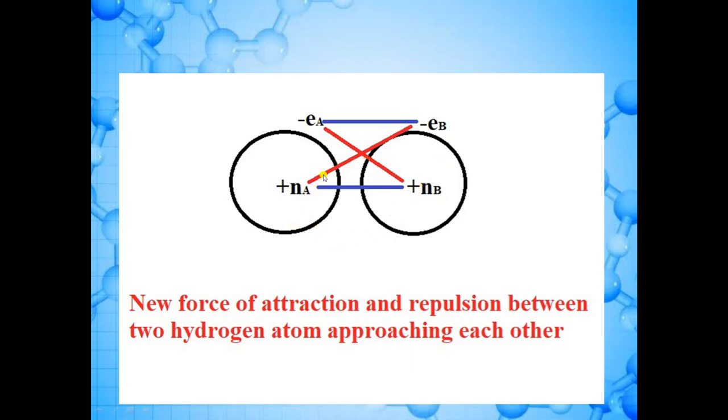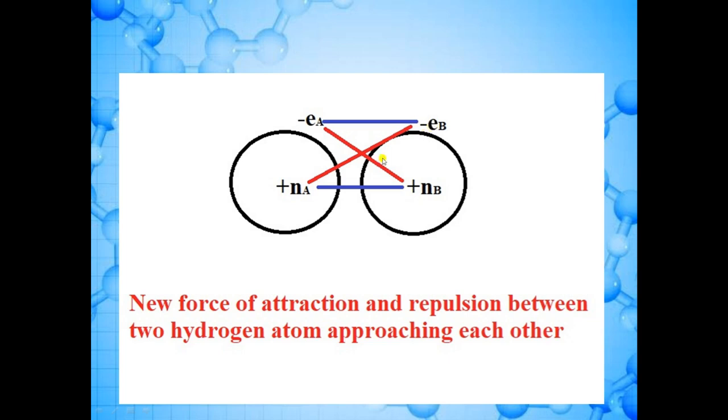Now can you see the red line? These are the forces of attraction which exist between these two atoms: the force of attraction between the nucleus of the second hydrogen atom and the electron of the first hydrogen atom. In the same way, the force of attraction between the nucleus of the first hydrogen atom and the electron of the second hydrogen atom.